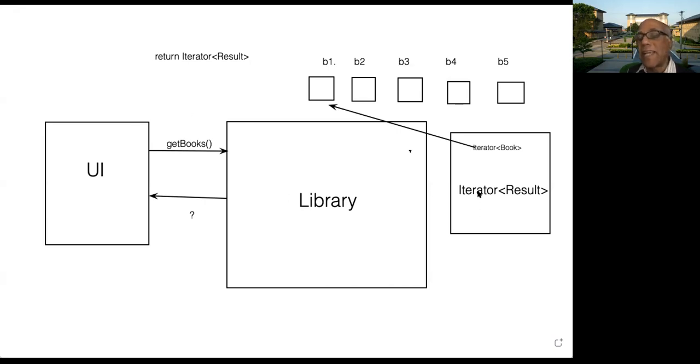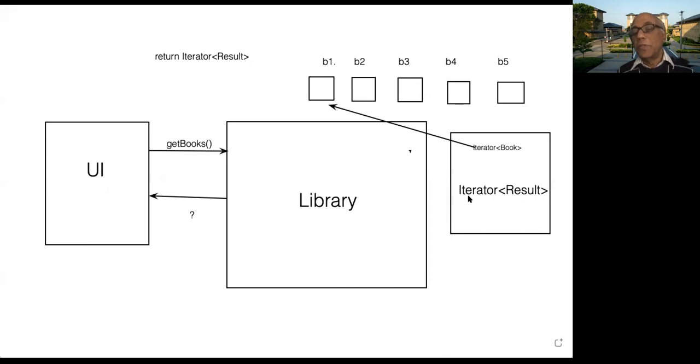So the library is actually providing the UI with a reference to this object, the iterator to the result. The safe iterator, which is implementing this iterator result, is the one that is actually supplied to the UI.